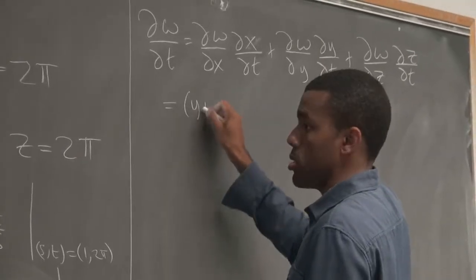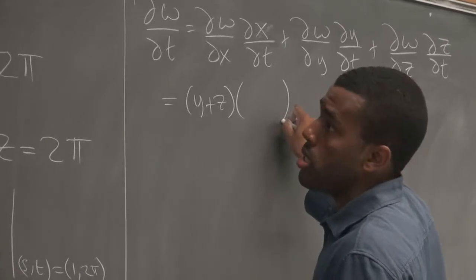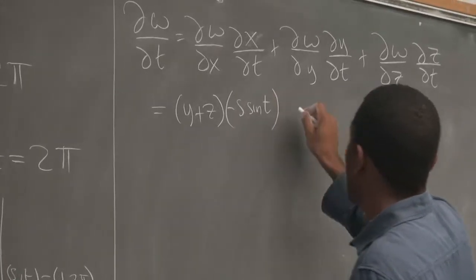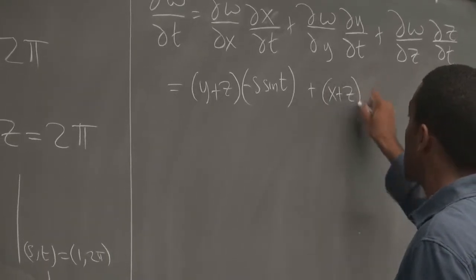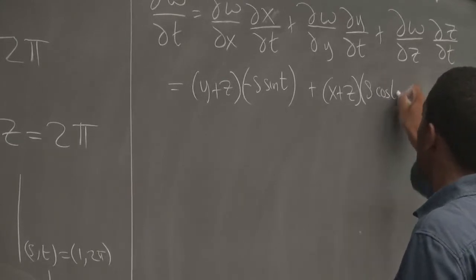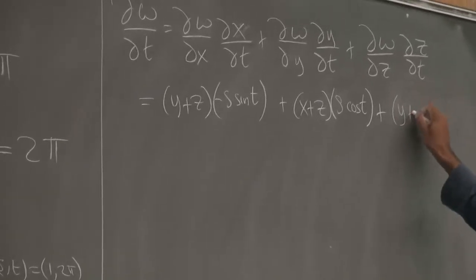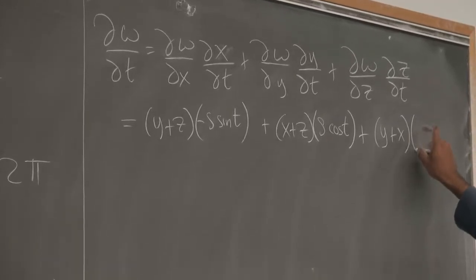This is just y plus, x with respect to t is what? Negative s times 2. So with respect to y is just y with respect to t. W with respect to z was y plus x. Z with respect to t was 1.